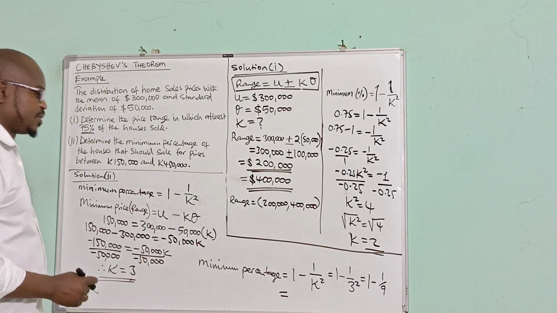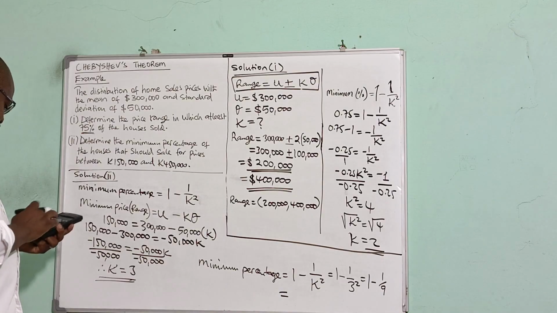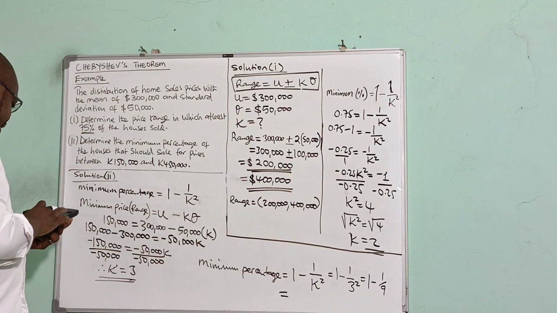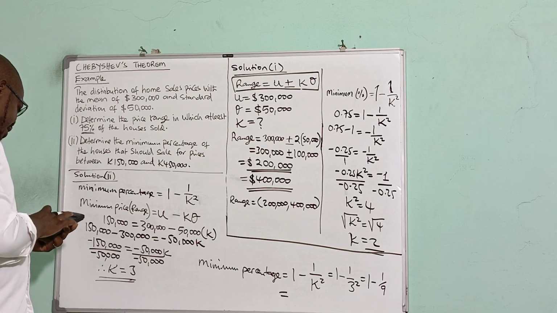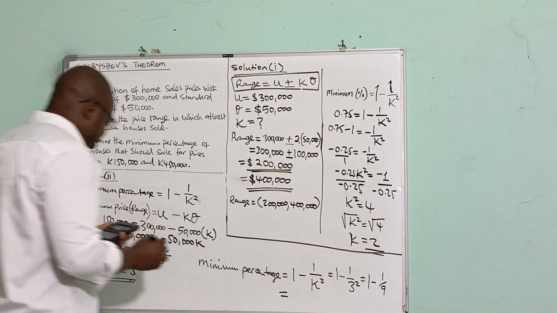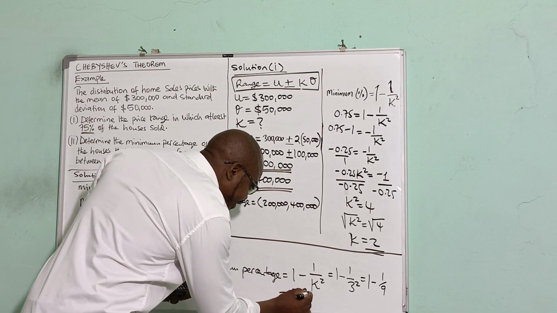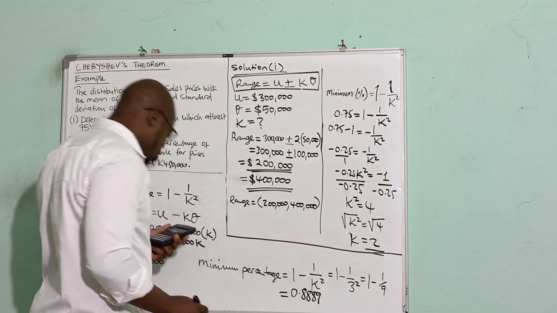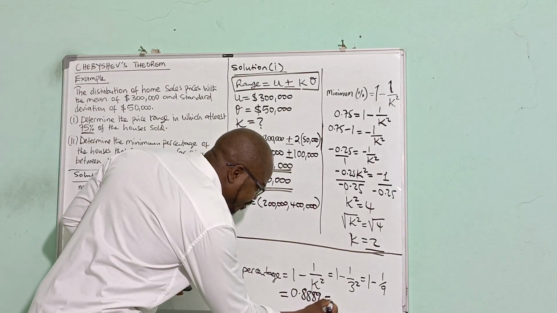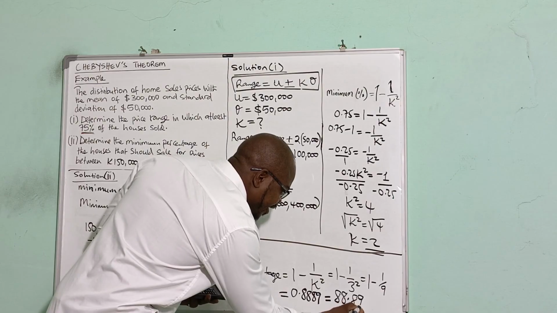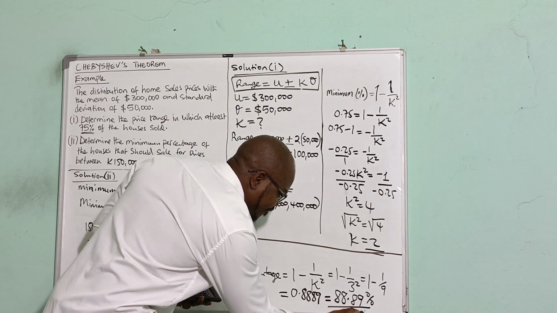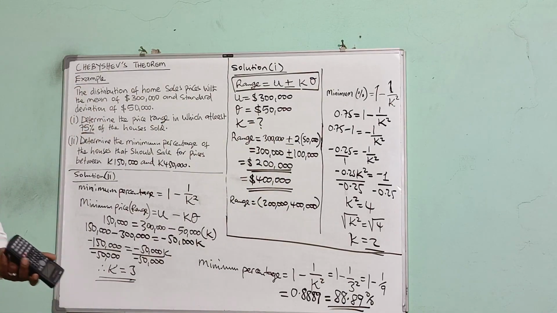That's 1 minus, open brackets, 1 divided by 9. That's how I like doing it. This gives me 0.8889. So now we can simply say the minimum percentage is 88.89%. Perfect. That's how it should be.